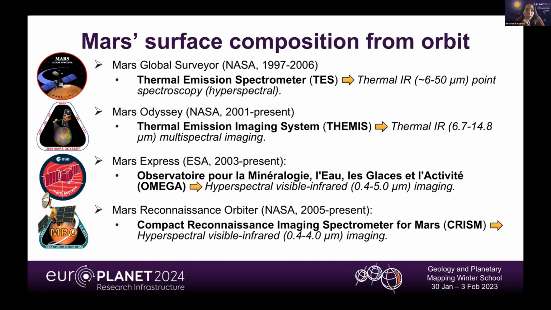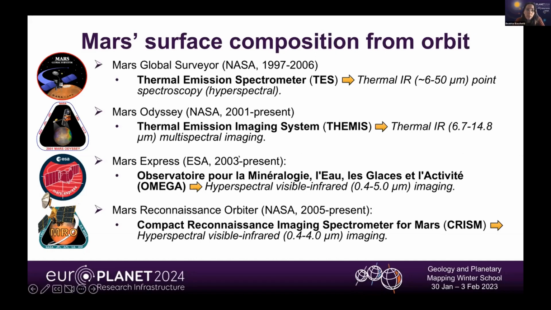Then a couple of years later, we have the Thermal Emission Imaging System, which is again another thermal infrared spectrometer. And the wavelength range this time is between 6.7 to 14.8 microns. So these 2 instruments work, as the name says, in the thermal infrared part. So they study the emittance of the surface of the planet.